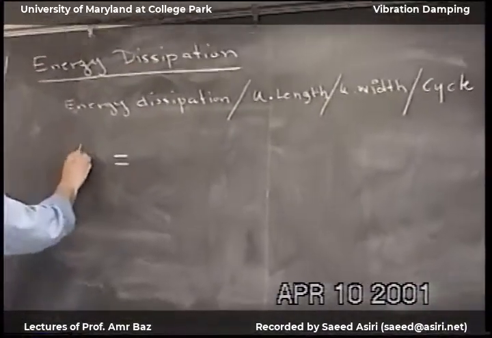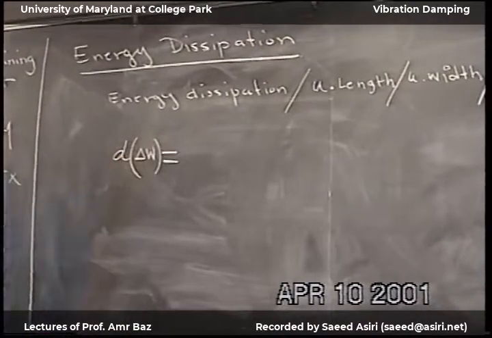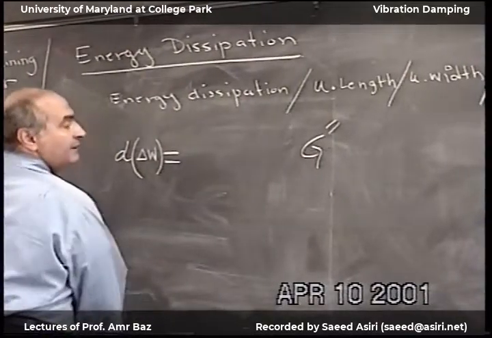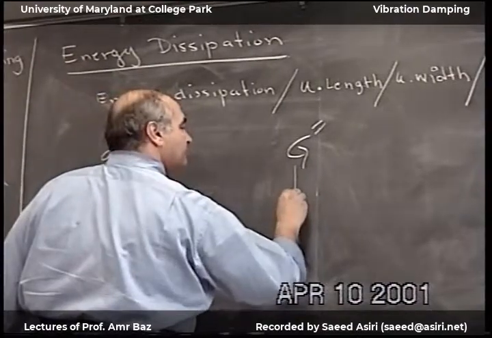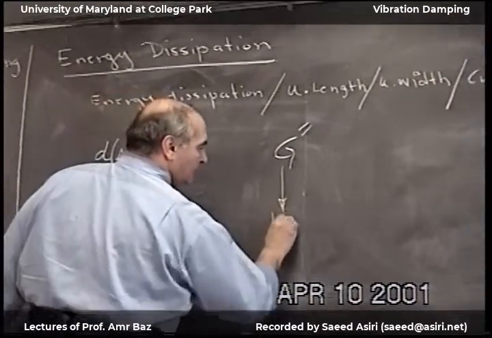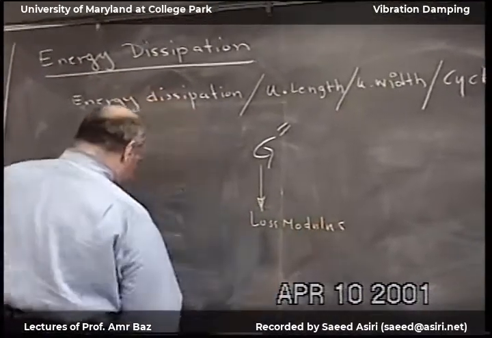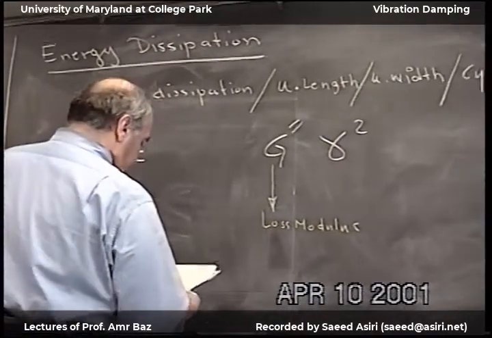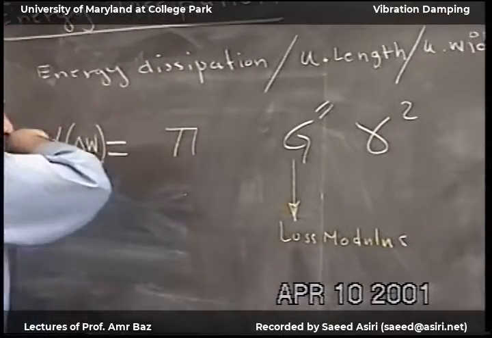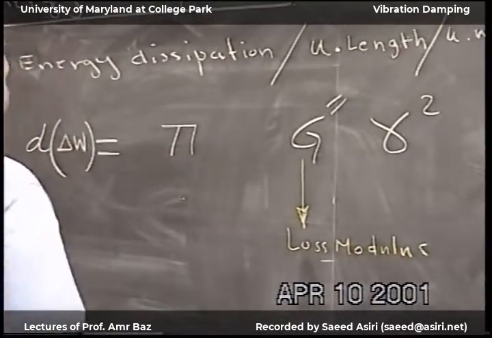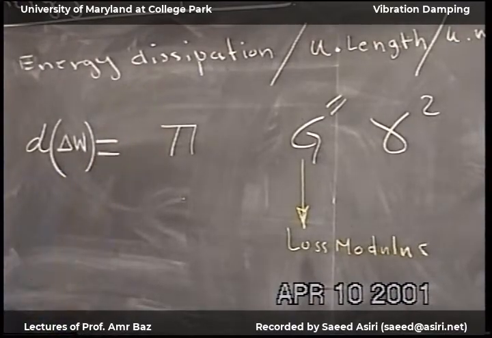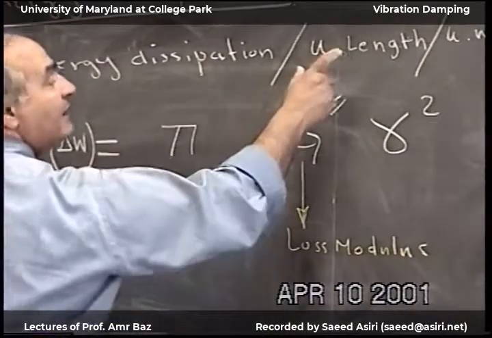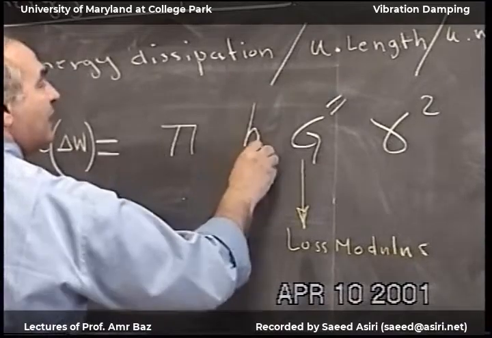And I'm going to call this D, energy dissipation. And this will equal G double prime, the loss modulus, times gamma squared, and then times pi, and then per unit length and per unit width, so b and L, so this would be times H1.